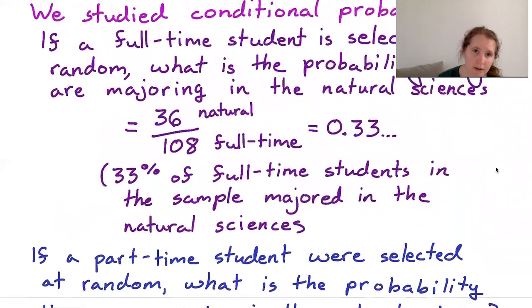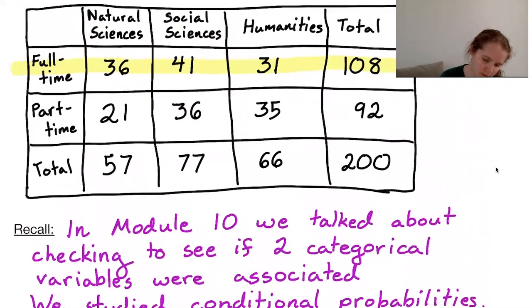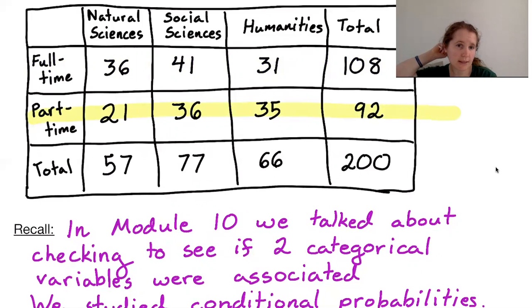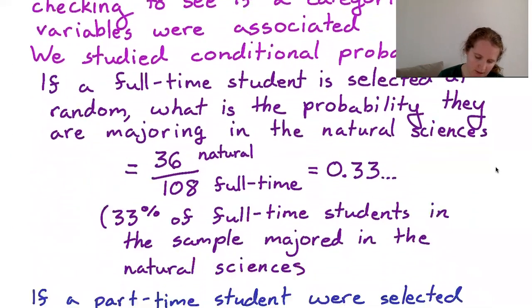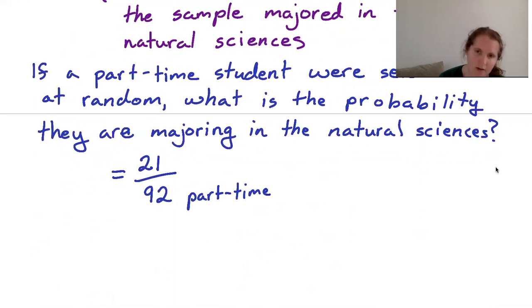Scrolling up, this time we're looking at part-time students, so we're focusing specifically on the second row. We had only 92 students to consider, and 21 of those were in the natural sciences.